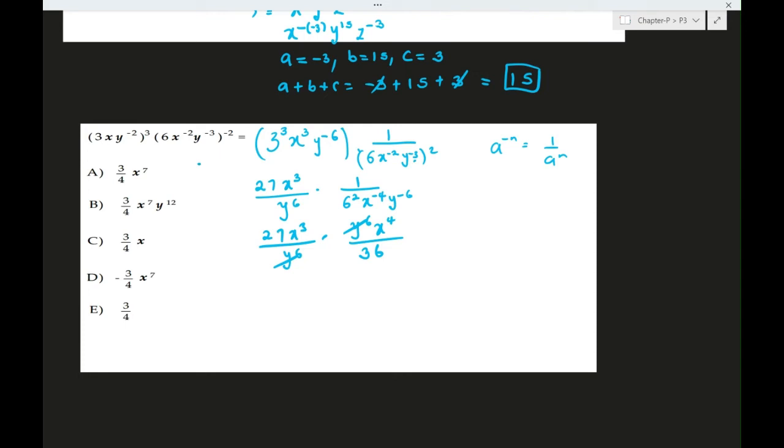So here we can divide by 3. So what is 3 here? 3 into 27, we've got 9. 3 here is 1. And 3 here is 2. So for now, we have 9x to power 7 divided by 12. And we can divide by 3 again. 3 here, 3. 3 here, 4. So we have 3x to power 7 divided by 4.